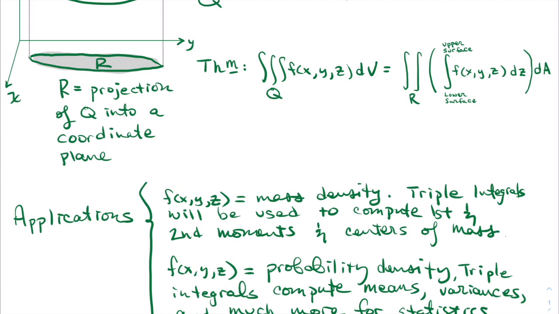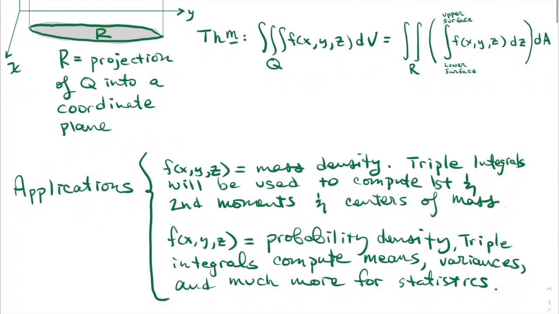And when you integrate versions of that function, you can get all the moments and the mass. But if f of x, y, z is a probability density function, then all the moments are used to compute the means for each variable.